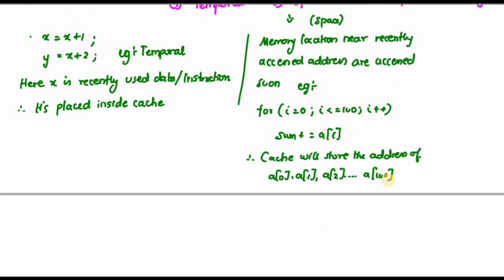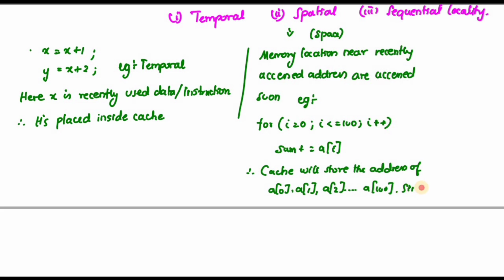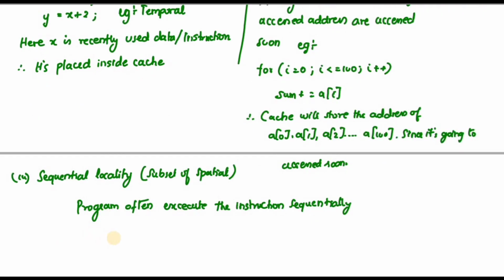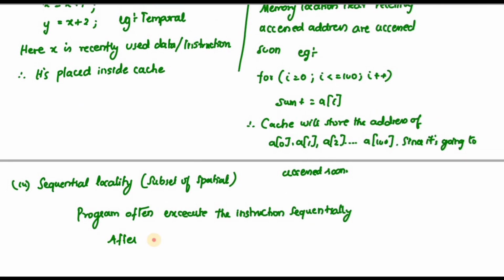Here you can see the cache will store the block of words, the addresses of A of 0, A of 1, A of 2 up to A of 100. So it will store the block of addresses which are nearly going to be accessed. Since the CPU requires this data immediately, this will make the execution of the instruction fast.